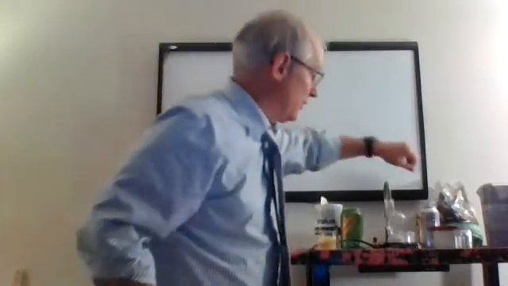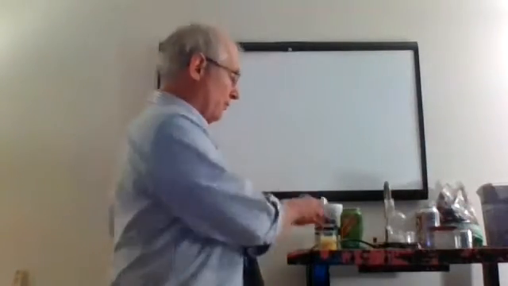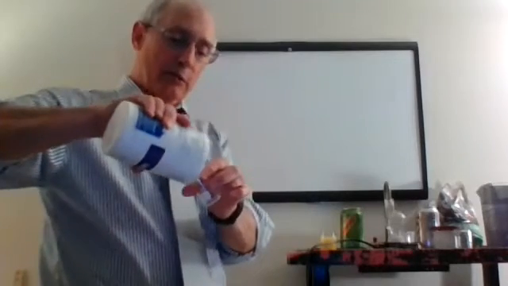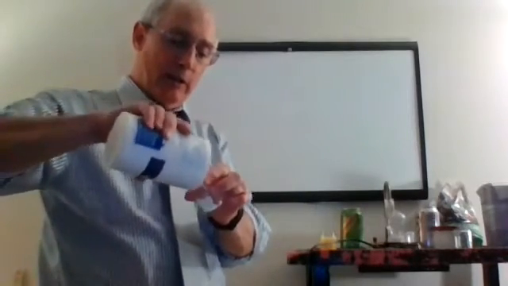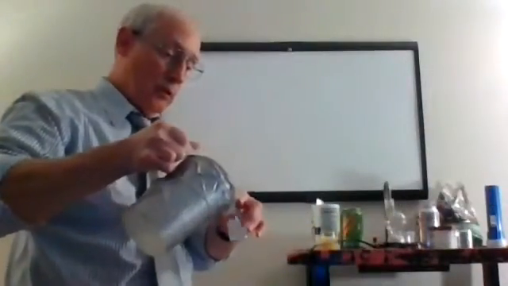All right. Now, a homogeneous mixture, on the other hand, is where you dissolve things. It's called a solution. And that's what we're really studying in this chapter. So salt dissolves. You put some water on it like this.